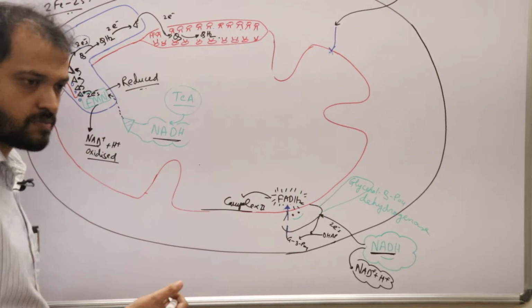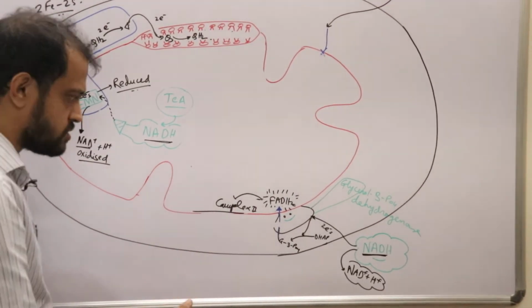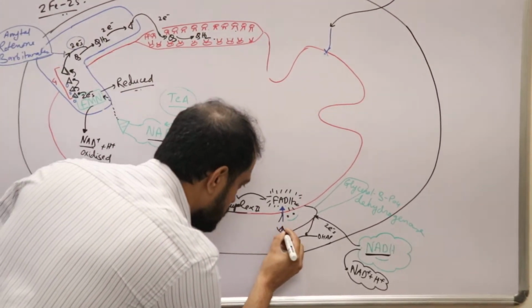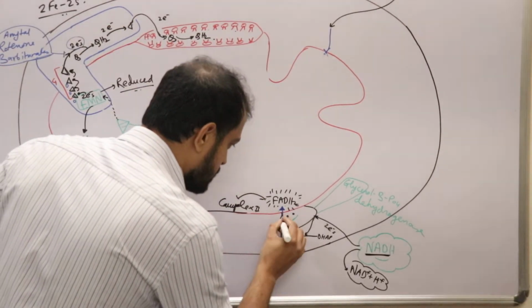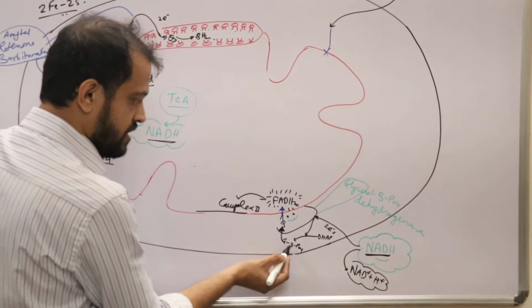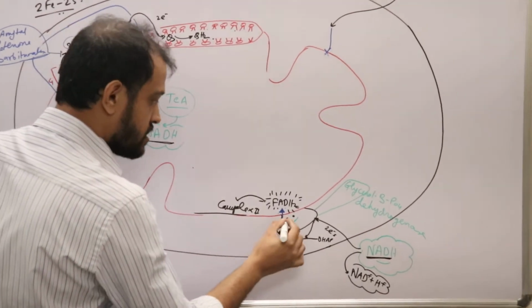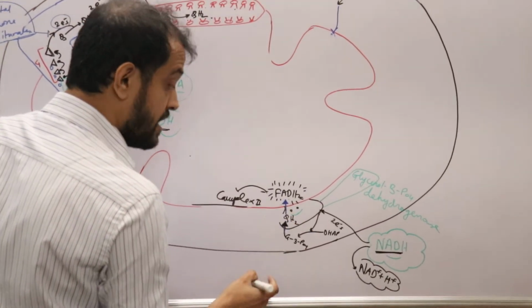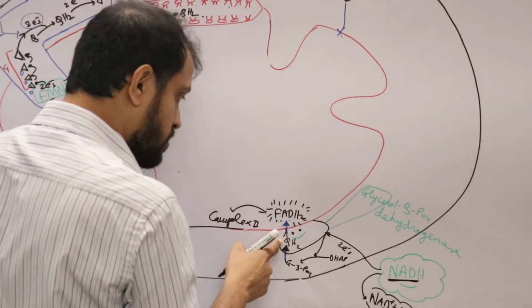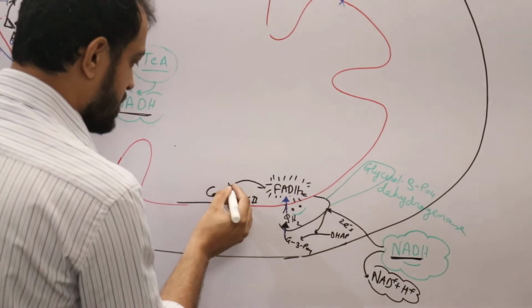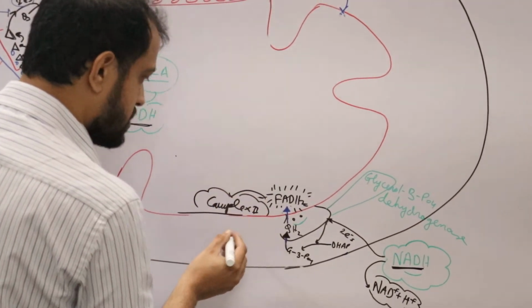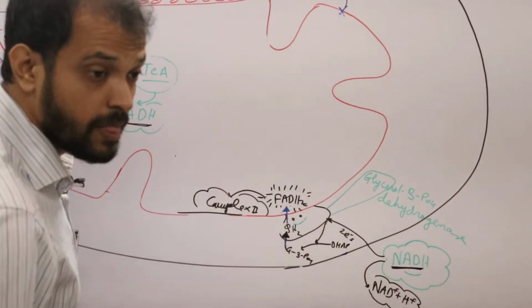In the middle of this there is ubiquinone. Actually glycerol 3-phosphate gives electrons to ubiquinone, and it is converted to ubiquinol, and ubiquinol now gives its electrons to FADH2, and FADH2 starts ETS from complex 2, right?